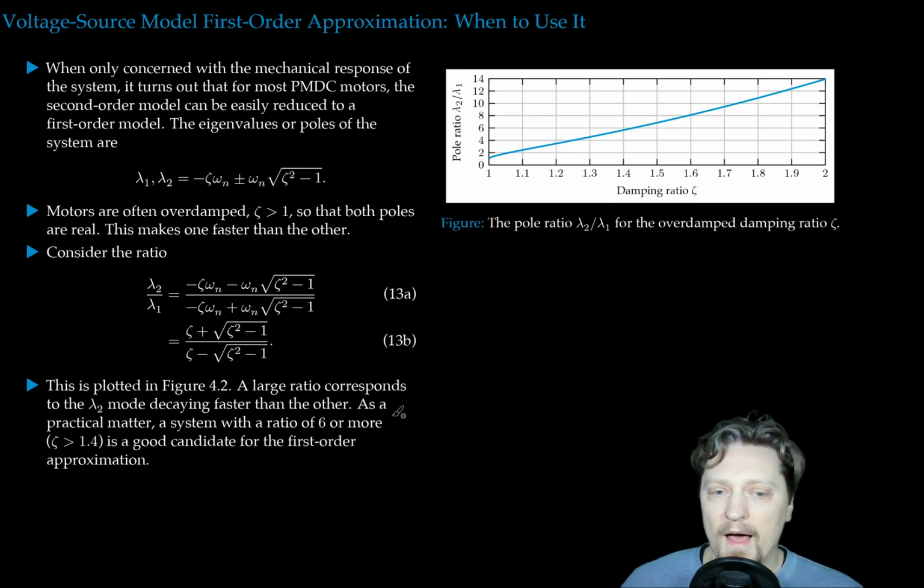As a practical matter, a system with a ratio of 6 or more, which corresponds to zeta being 1.4 or greater, is a good candidate for the first order approximation. So we can pretty much treat systems with damping ratio greater than 1.4 as first order models if we only are concerned with the mechanical side of the system.